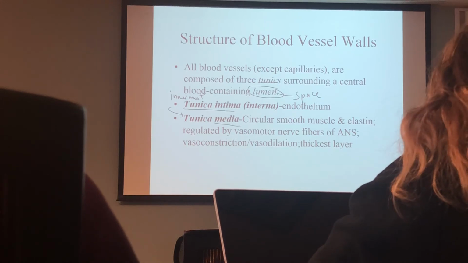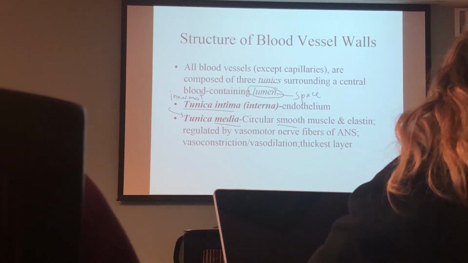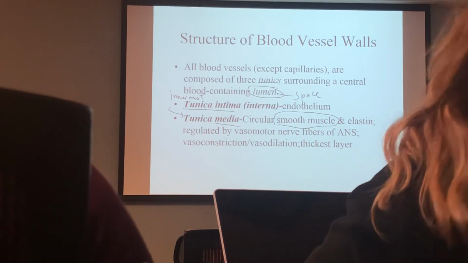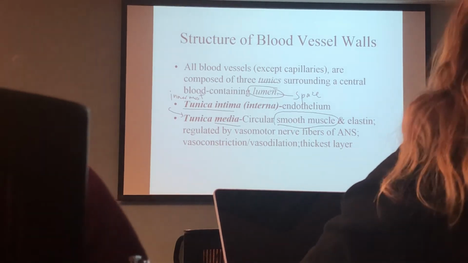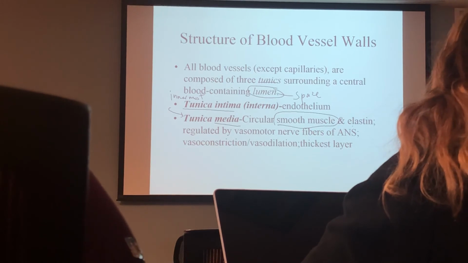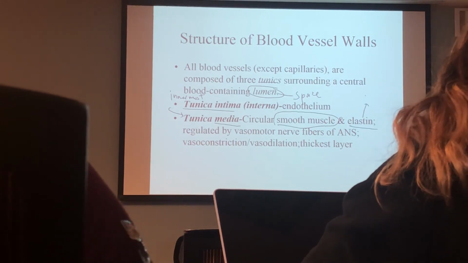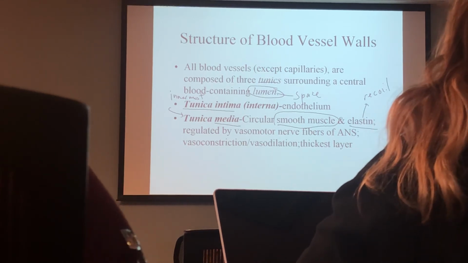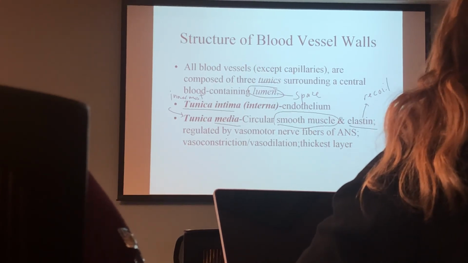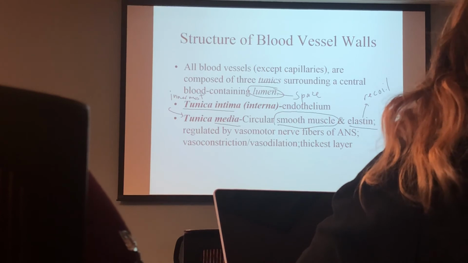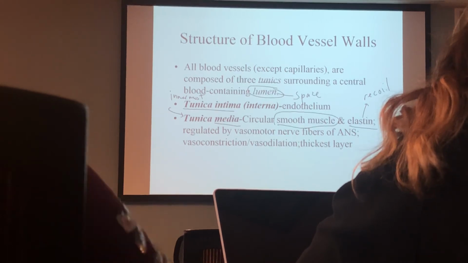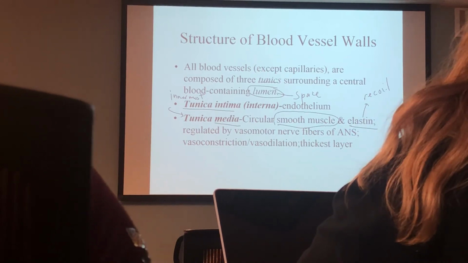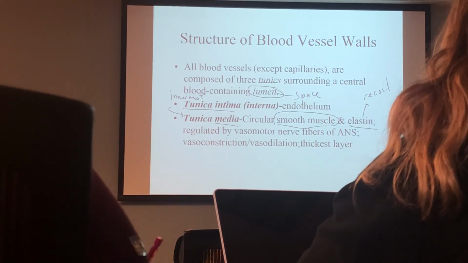That's your middle tunic. What's that composed of mostly? Smooth muscle, okay? That's where you have all that action going on: vasoconstriction, dilation, and so forth. Elastin gives the blood vessel recoil, elasticity. Guys, remember, blood's leaving the left ventricle, entering the aorta under high pressure, so it has to expand, and it has a recoil also.